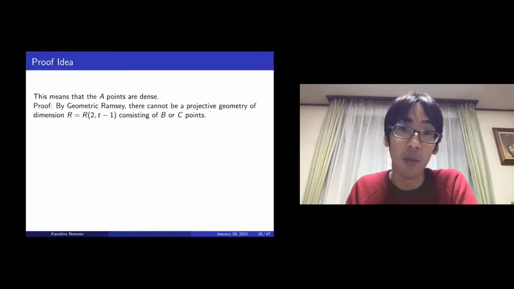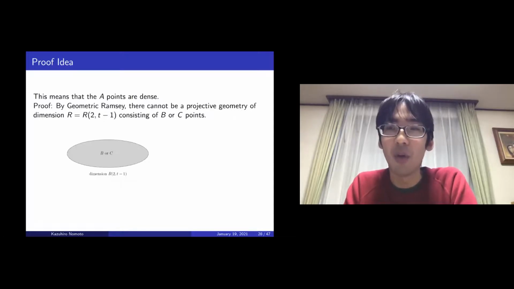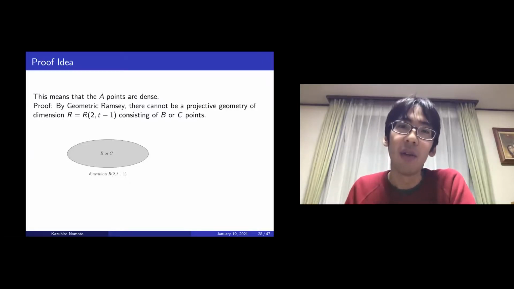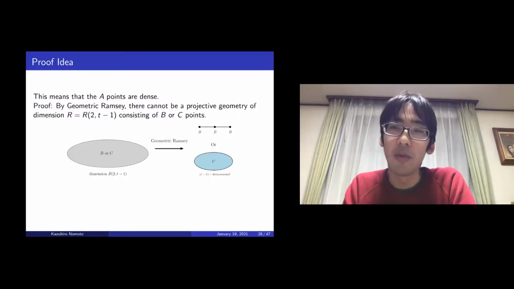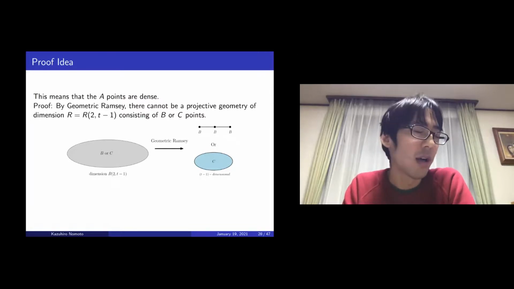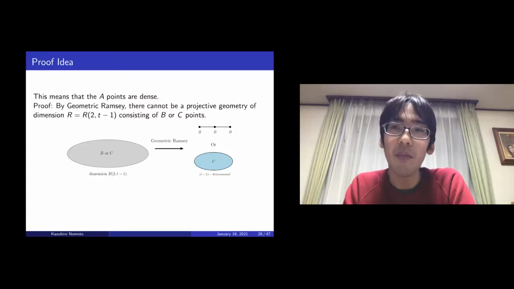So by geometric Ramsey, there exists some constant R, a large constant R, so that if you have a projected geometry of dimension R, and you color the points in B or C in any way you like, then you're going to get a two-dimensional subgeometry colored in B, or a t-1 dimensional flat colored in C. So it's the geometric analog of Ramsey's theorem for graphs.